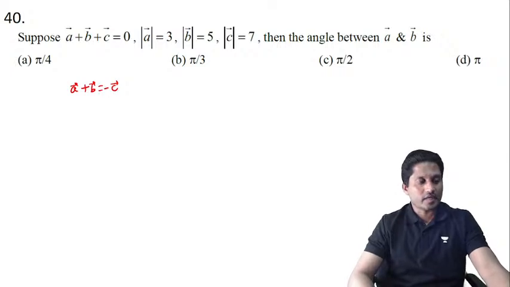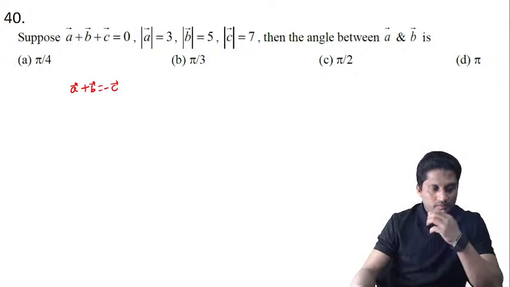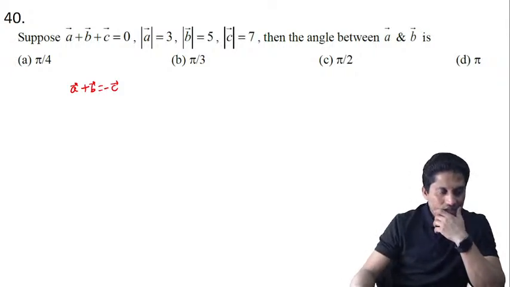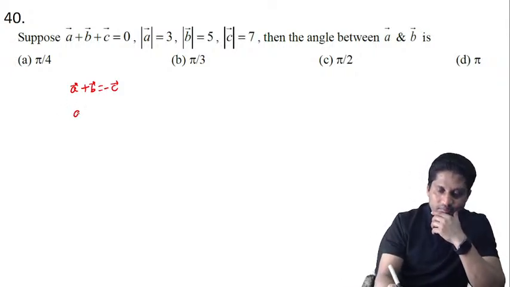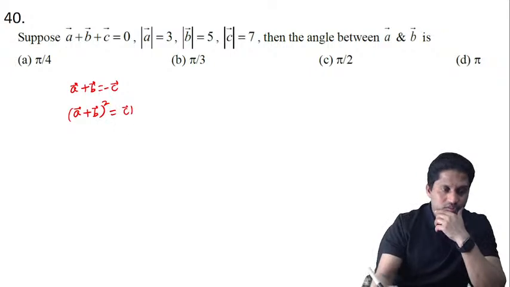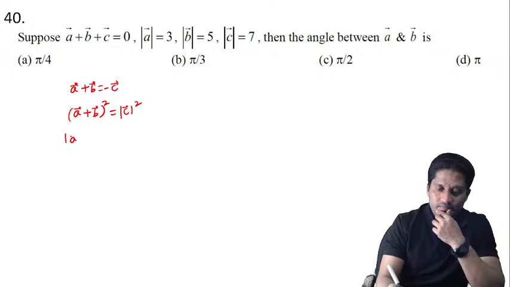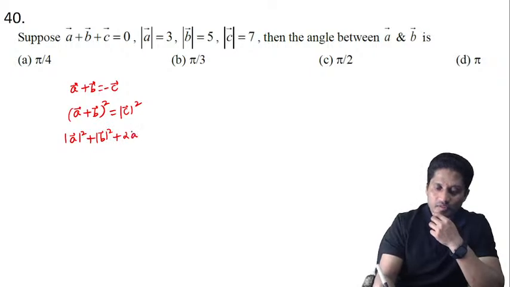Right, if I square on both sides, you get a plus b the whole square is equal to minus c the whole square, and if you square, it becomes plus. So this is mod c the whole square. So this is a square plus b square plus 2 times a dot b is equal to mod c the whole square.